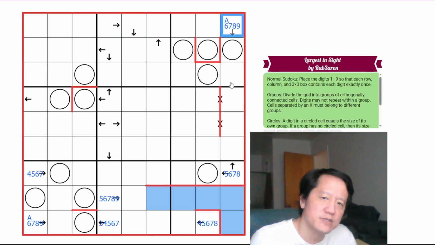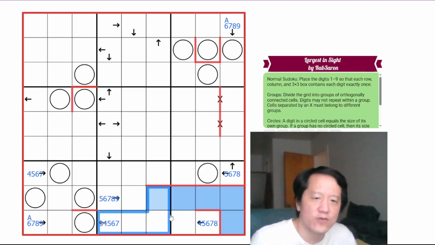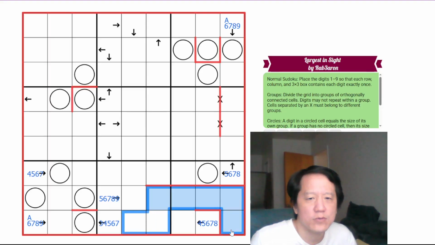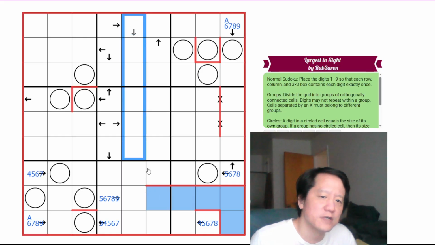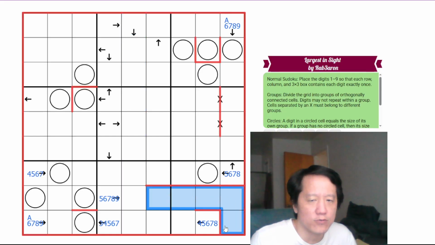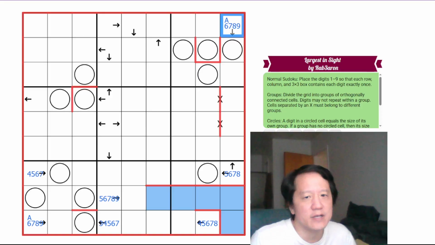But then this would be 6. If this obviously extends further as a group, then this cell also sees that group, and it cannot be the same as that. So no matter what, this cannot be 9.